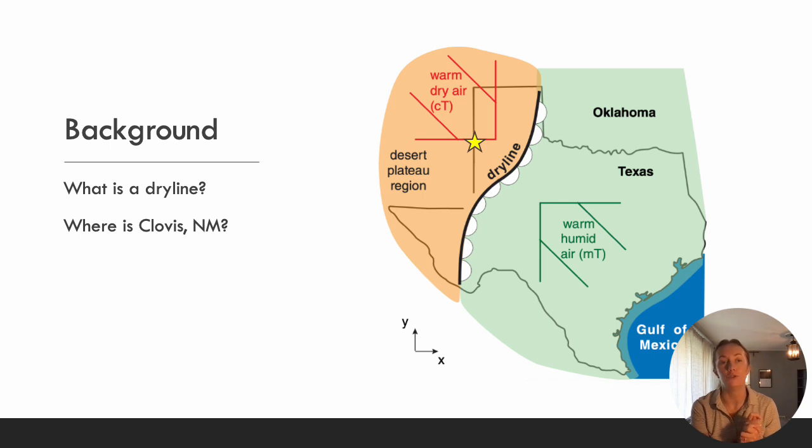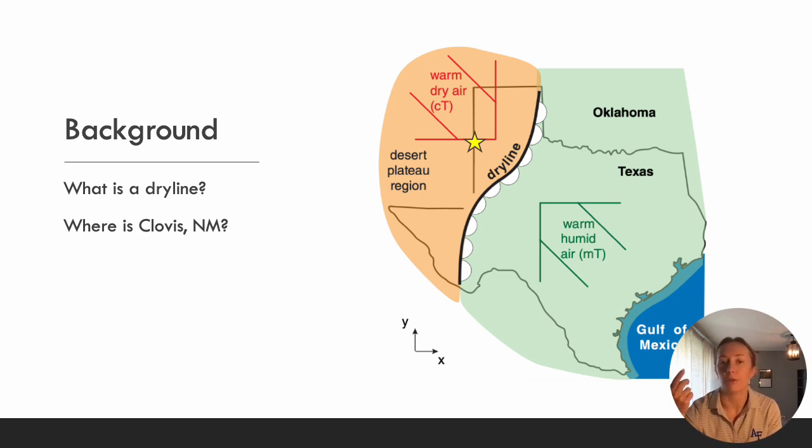And usually that moist air mass is maritime tropical air from the Gulf, and the dry air mass is from New Mexico, from western Texas, from northern Mexico, and when they bump up against each other, they create sort of a boundary, and you can see it on surface maps.